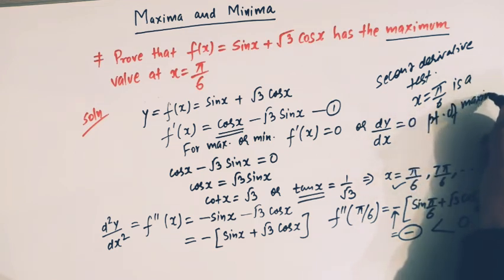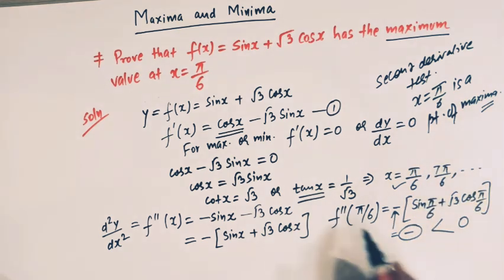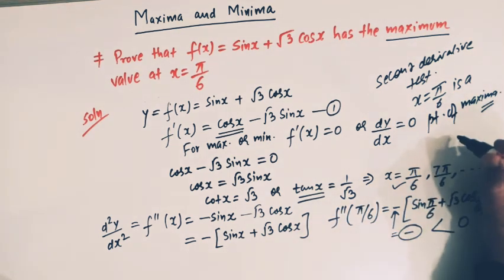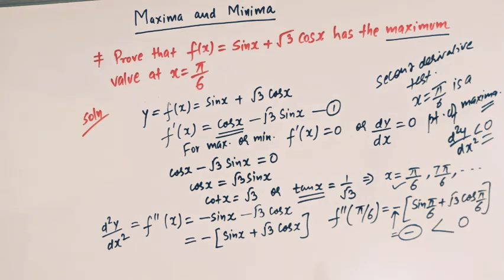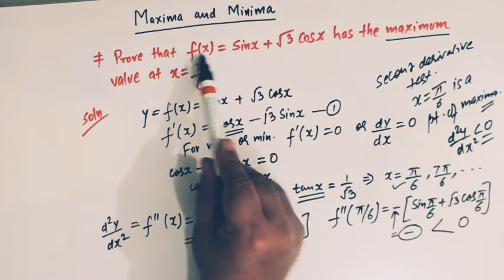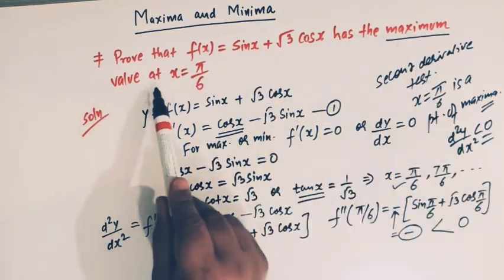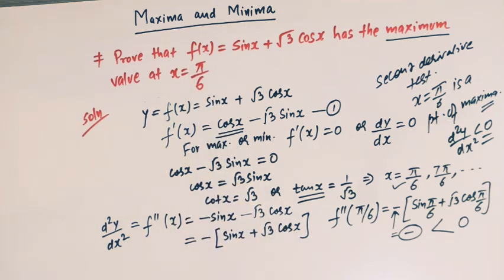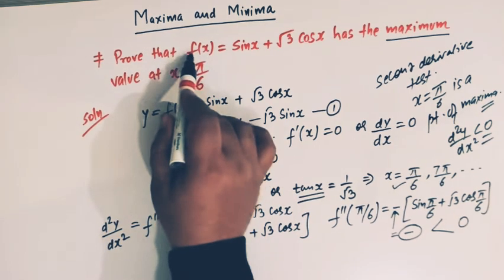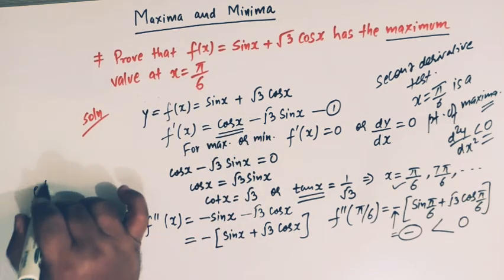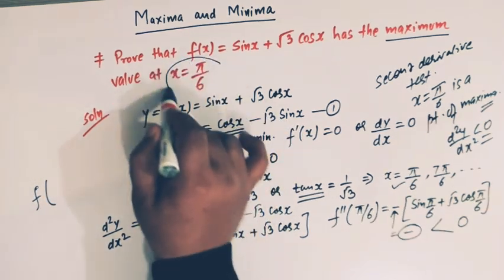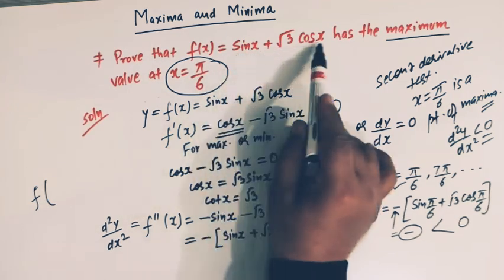It is a point of maxima because the second derivative is less than 0. So in this way we have shown that this function has the maximum value at x equal to pi by 6, and the maximum value of this function can be obtained by substituting x is equal to pi by 6 in this function.